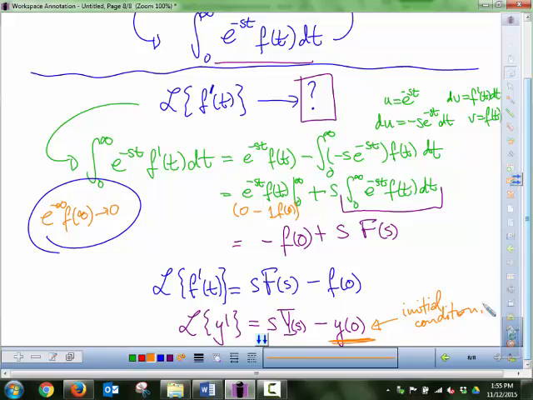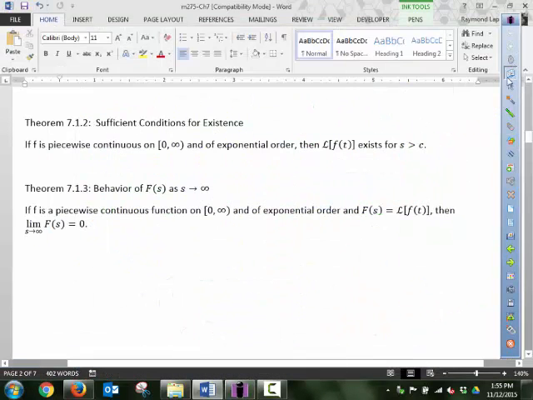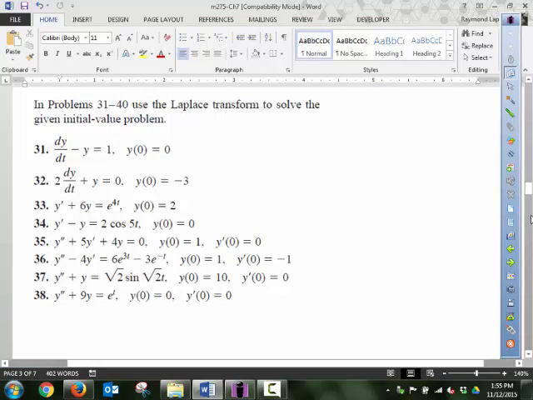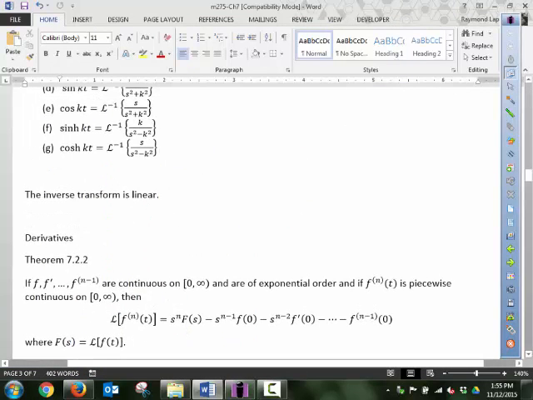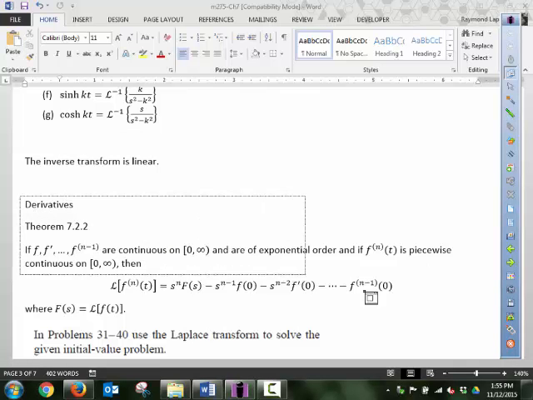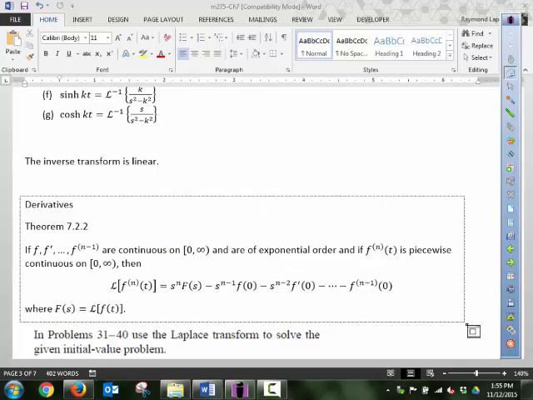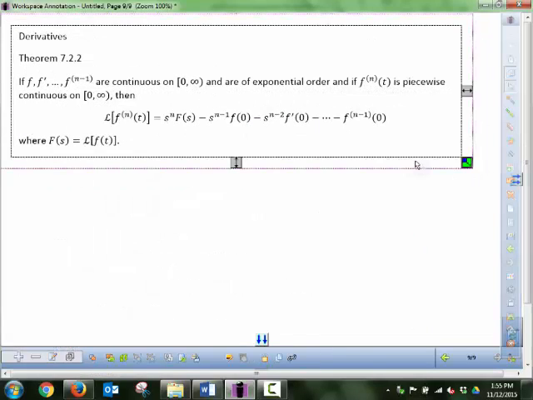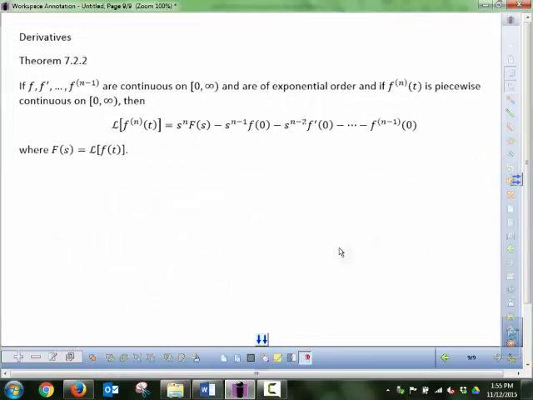All right. So this is for the first derivative, and you can do this for more and more derivatives and higher order derivatives and stuff like that. So in general, your formula looks like this.